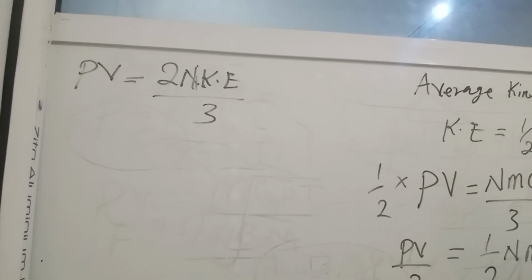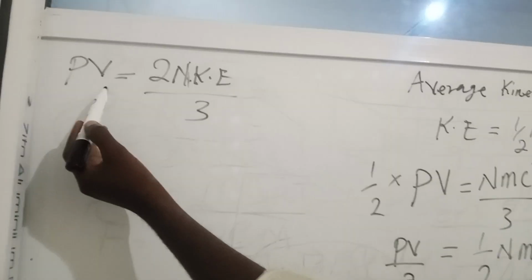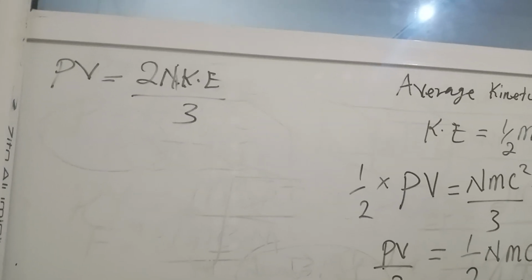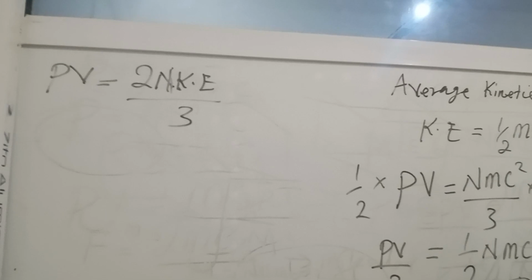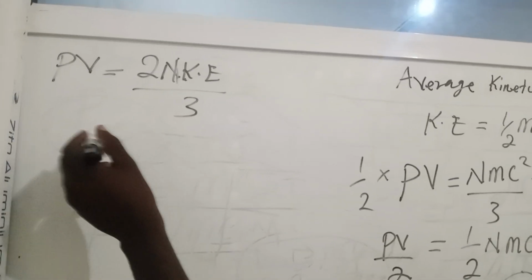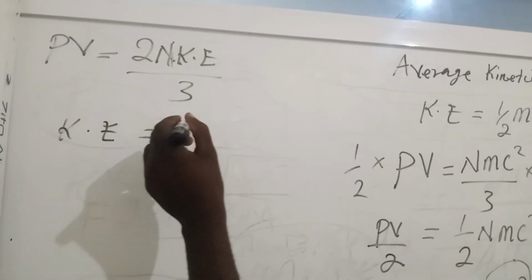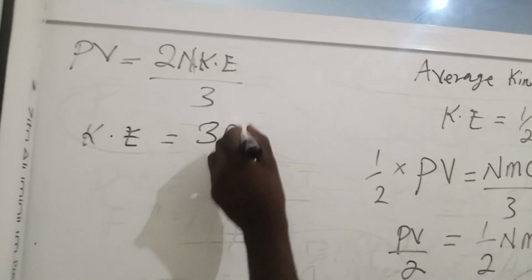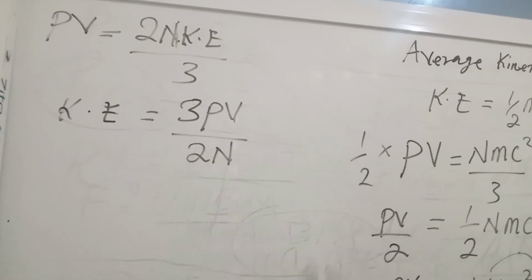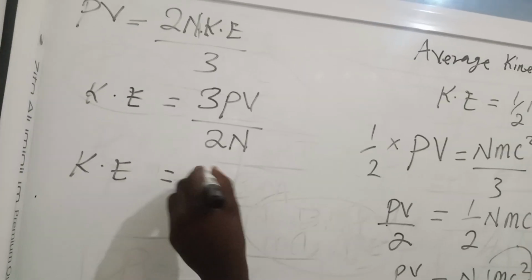So now you can clearly see that PV is directly proportional to kinetic energy. Now we can make kinetic energy the subject of the formula. So K is equal to 3PV all over 2n.